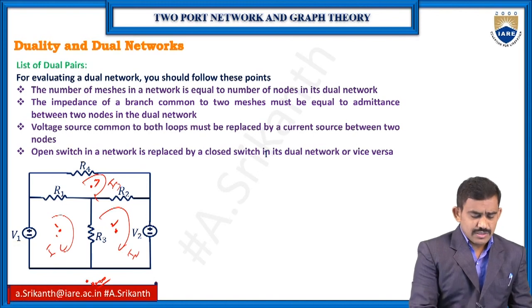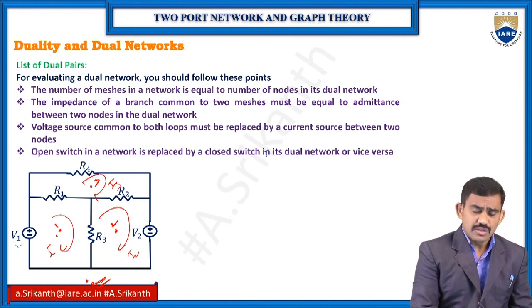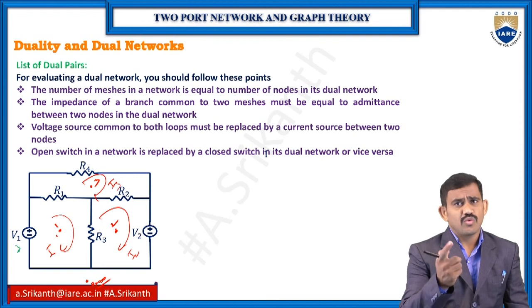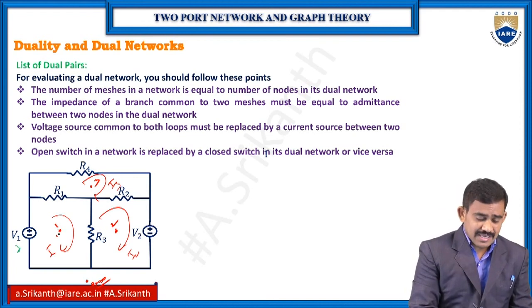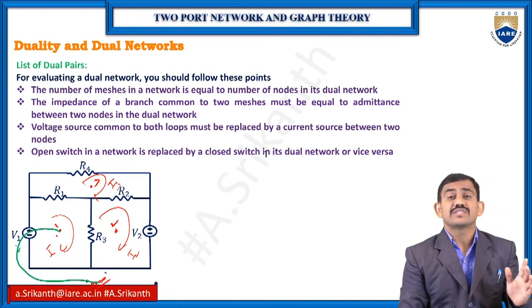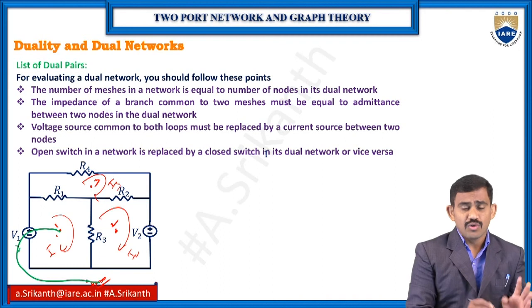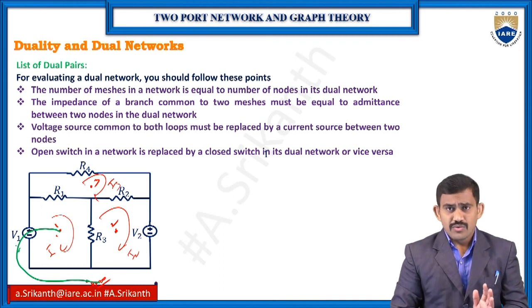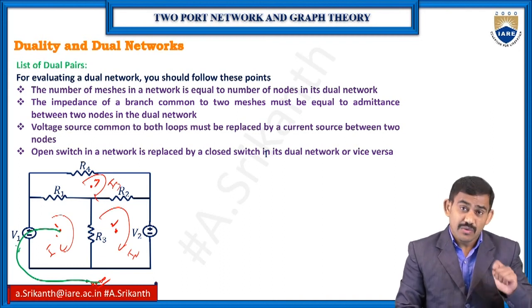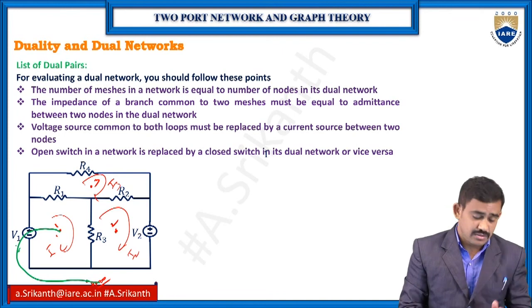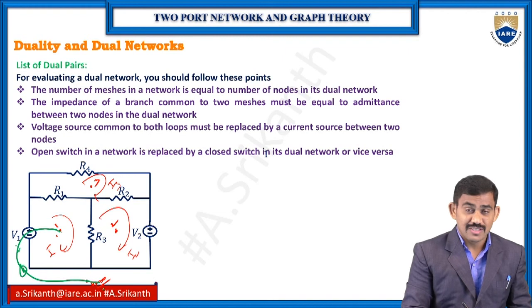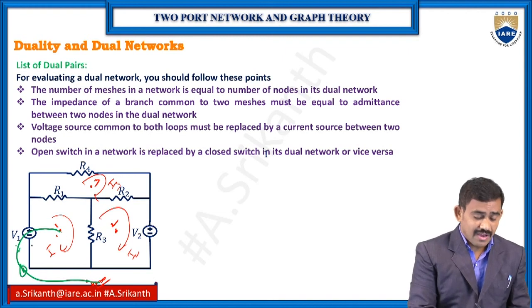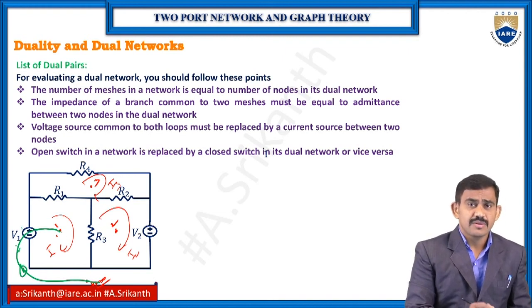Now the condition is, here we have the V1 voltage source. How many currents does V1 have? Only one current, that is the I1 current. So only one current means that element is connected to the reference node directly. The voltage source is connected to the reference node only, but the voltage source is converted to a current source.